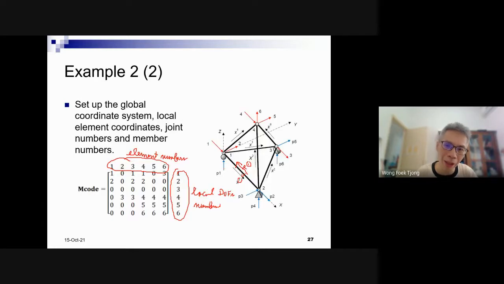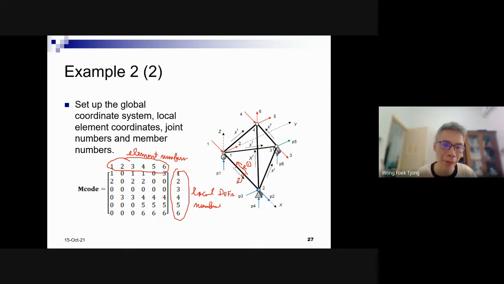After you write down the MCOT matrix, the next step is, of course, to calculate the stiffness matrices for each element, the stiffness matrix of elements 1, 2, 3, 4, 5, 6.